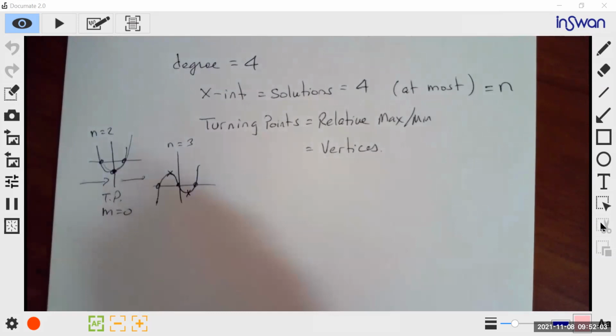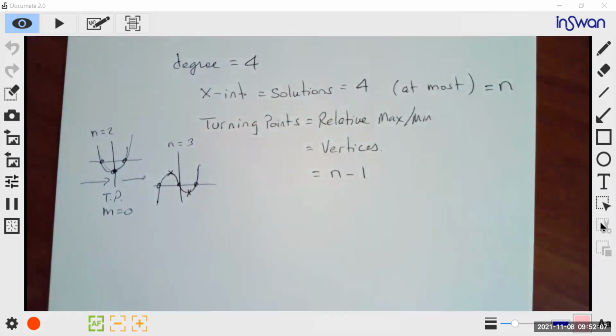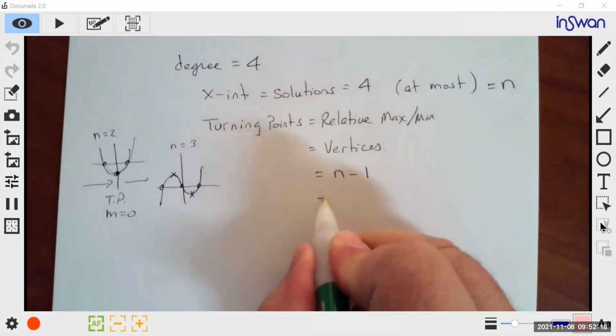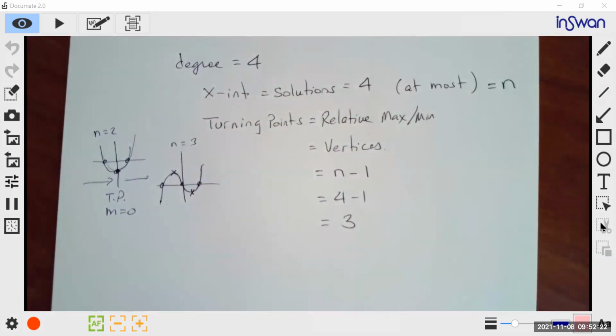Excellent. That's exactly what it is. The number of turning points is always n minus 1. Very good. So in our case, 4 minus 1, we'll have 3 turning points.